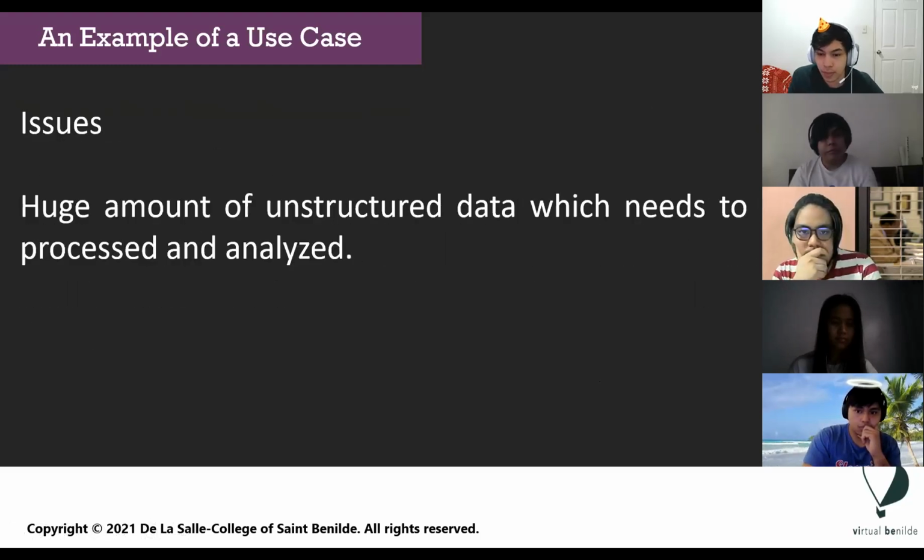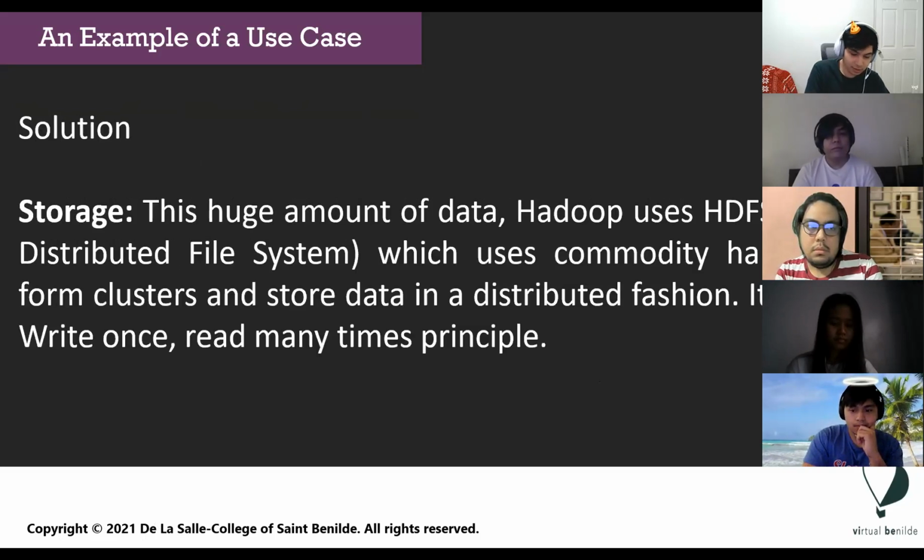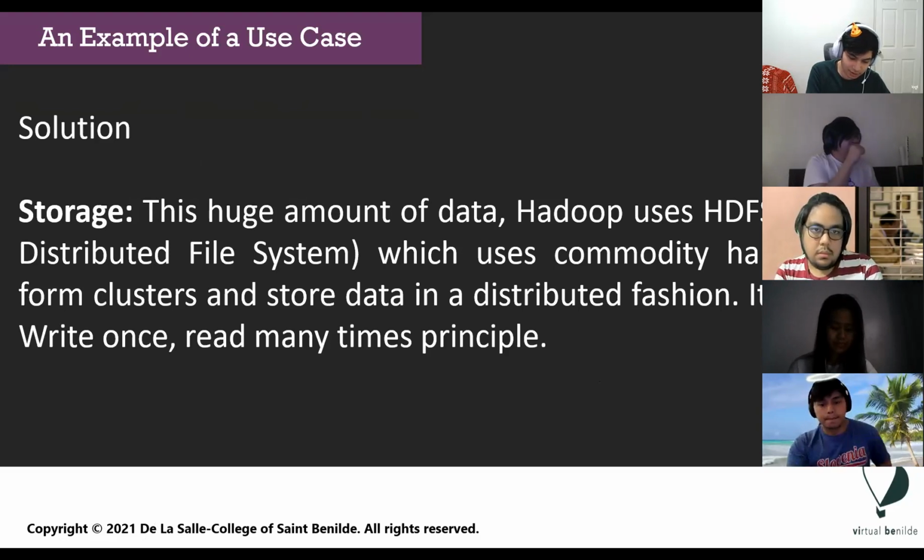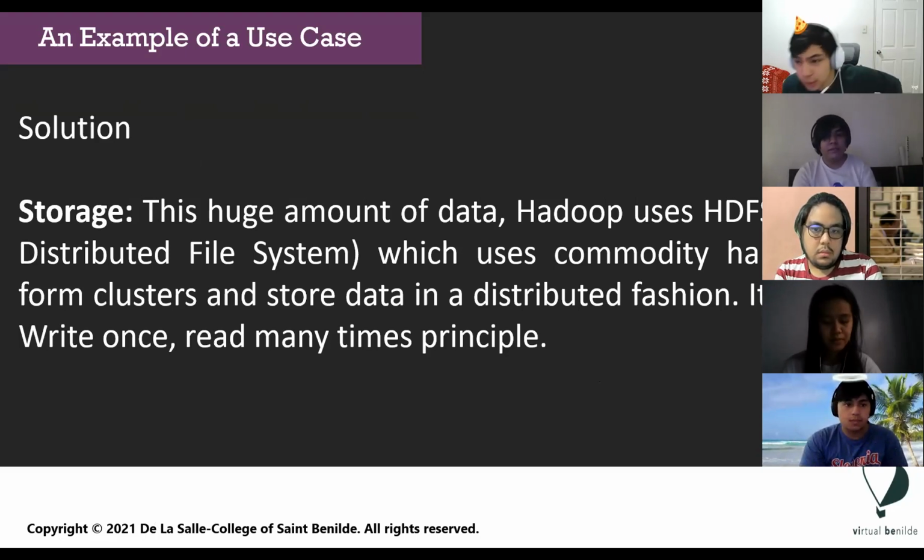Okay, so what are the issues involved? A huge amount of unstructured data which needs to be stored, processed, and analyzed. So the solution is that you should have storage for this huge amount of data. Hadoop uses the HDFS, or the Hadoop Distributed File System, which uses commodity hardware to form clusters and store data in a distributed fashion.